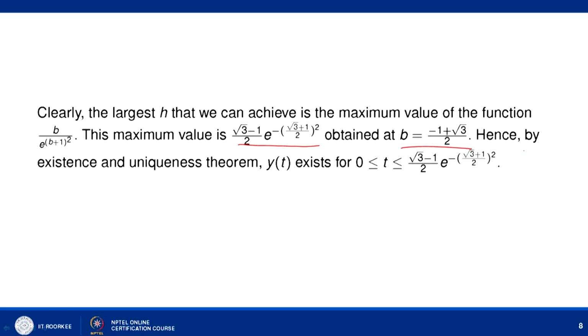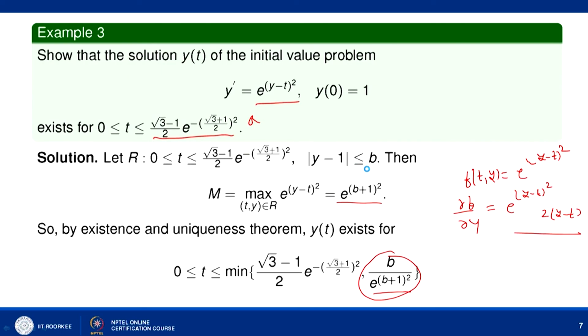So, to summarize, by the existence and uniqueness theorem, y(t) exists for this interval 0 less than or equal to t less than or equal to a. Here a and b by m come out to be the same. So, here we have proved that the solution y(t) of the initial value problem exists, and it exists in this interval.